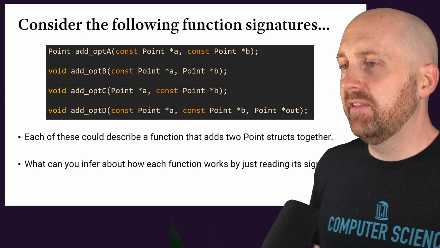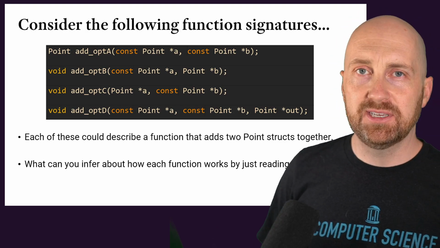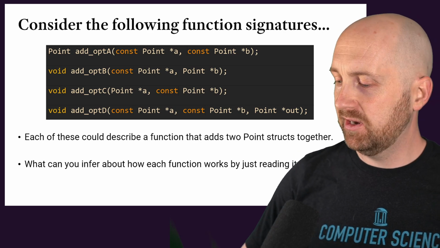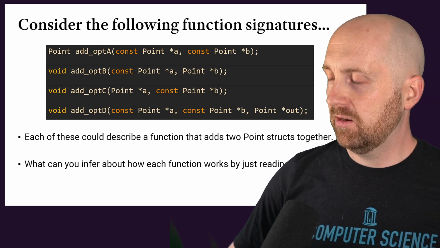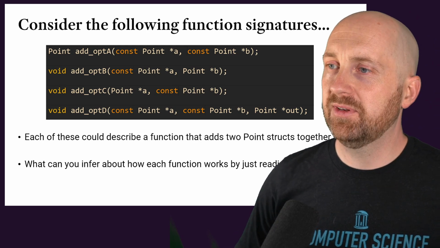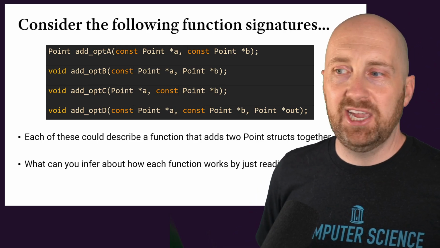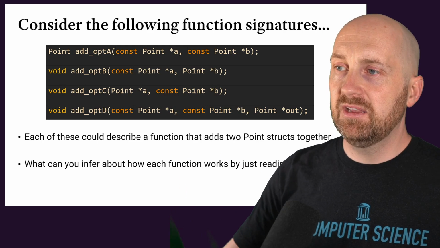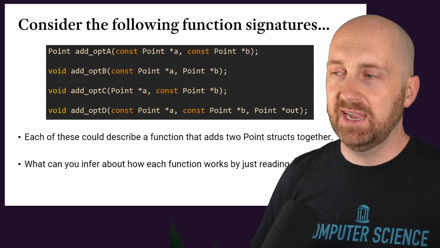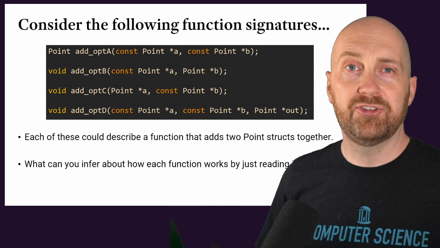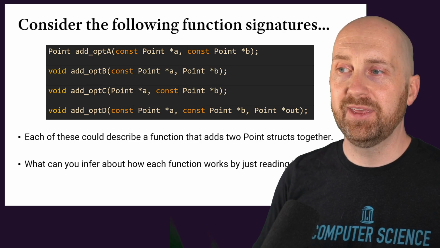Towards that end, there are 4 functions on this slide, and I want you to pause the video here. In just a moment, I'll leave the screen and give you a moment to ponder. What are the implications of these 4 function signatures, and what might you be able to derive from how you could assume they work?